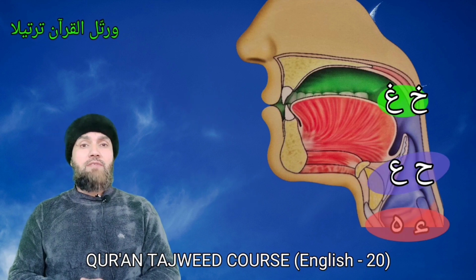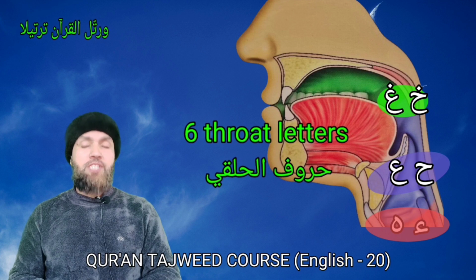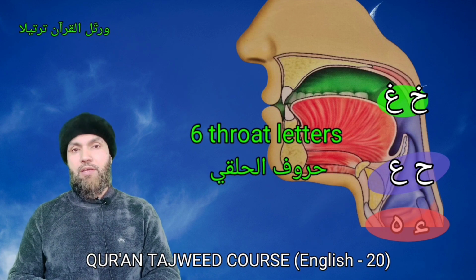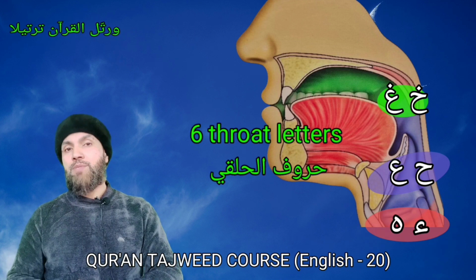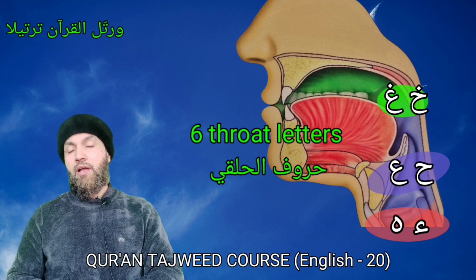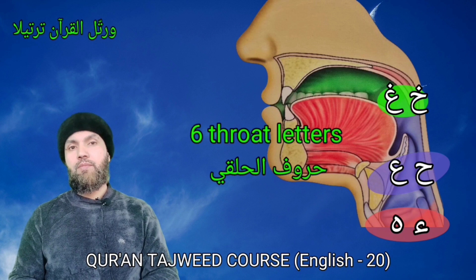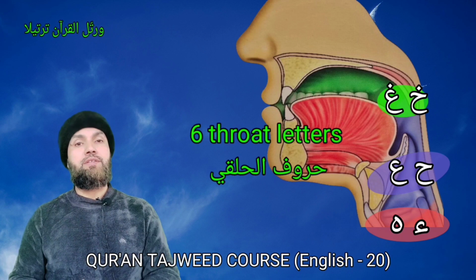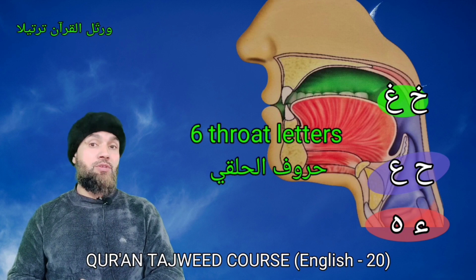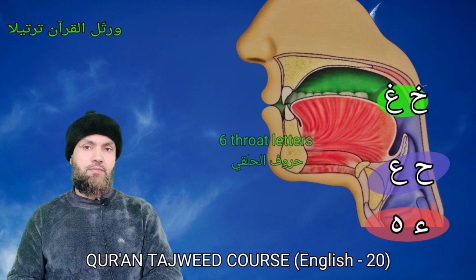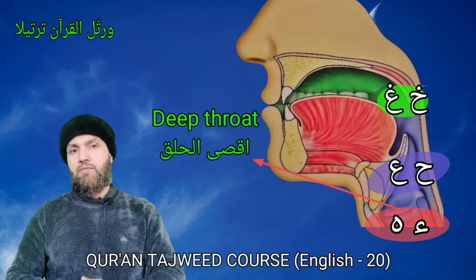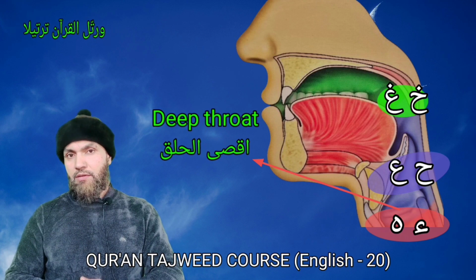So till now we have learned the articulation points of 6 throat letters, which are called huruful halaqi. Those are ha, hamza, ha, ain, and kha, ghain. These letters are called huruful halaqi or throat letters simply because they are articulated from the throat. Ha and hamza are articulated with the deepest part of the throat called aqsal halaq.